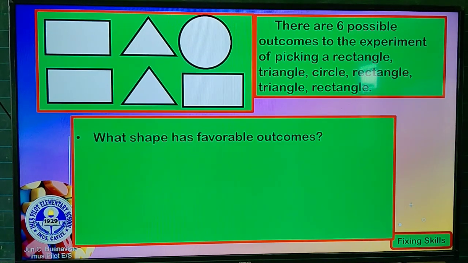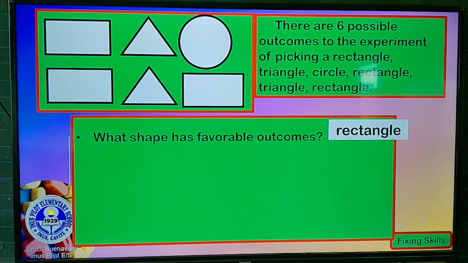So, in that activity, what shape has favorable outcomes? Alin yung mas favor o yung mas marami ang lalabas? Okay, very good. The rectangle. So, the rectangle has a favorable outcomes. Why?